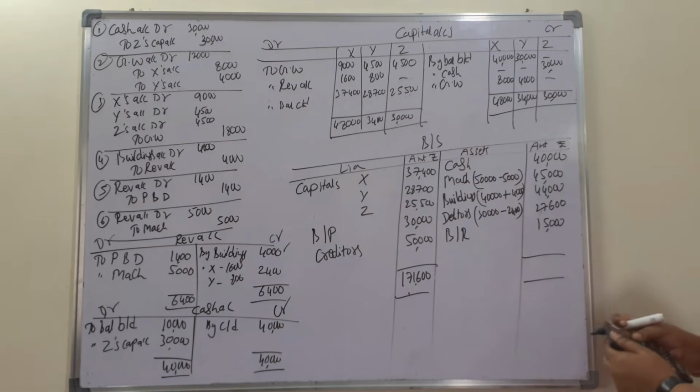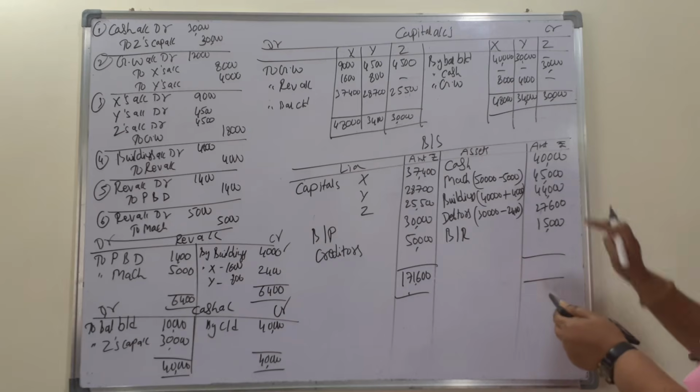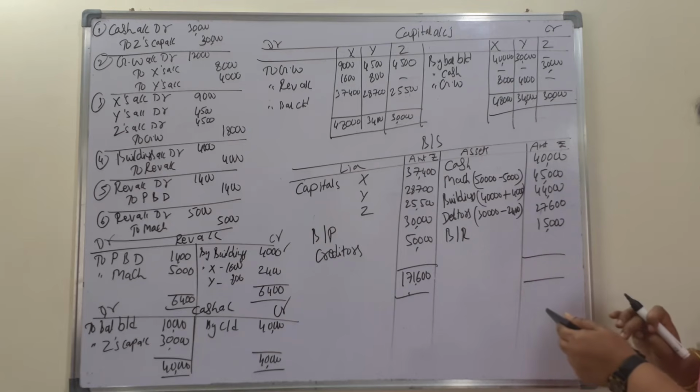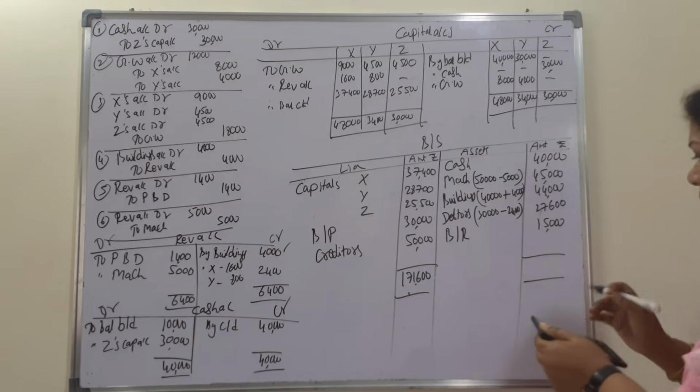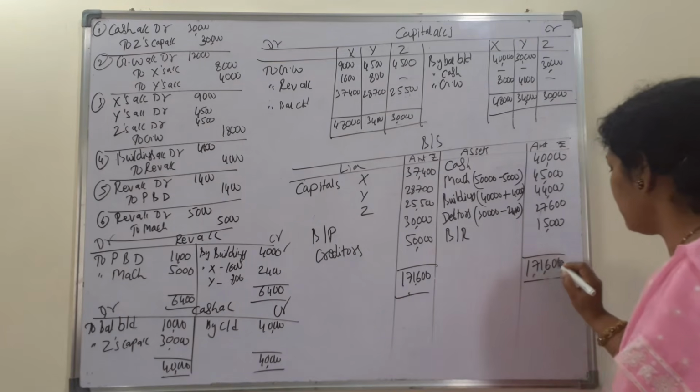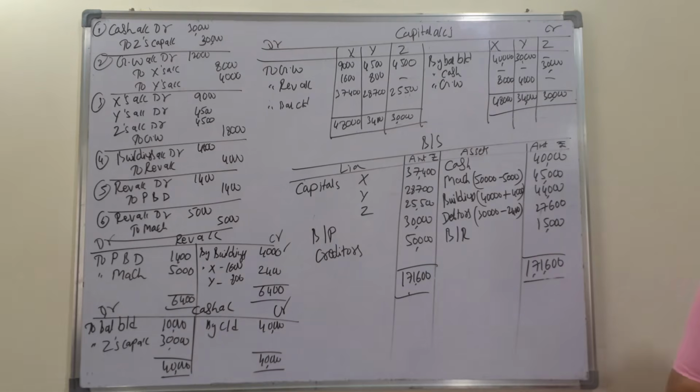And this, if you see, 85,000 plus 44,000 plus 27,600 plus 15,000. It is 1,71,600. That's all, the problem got tallied.